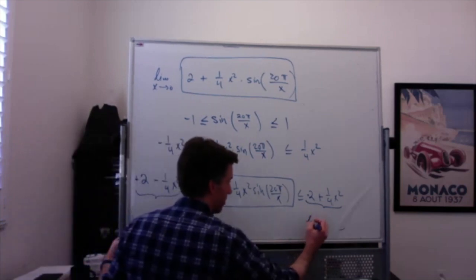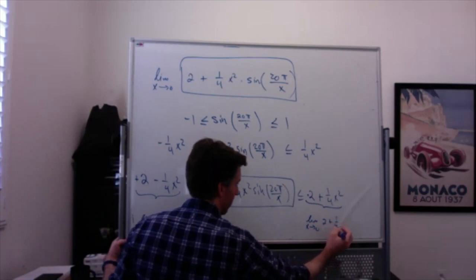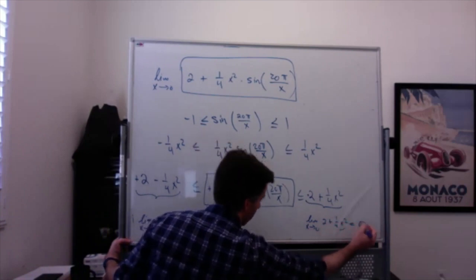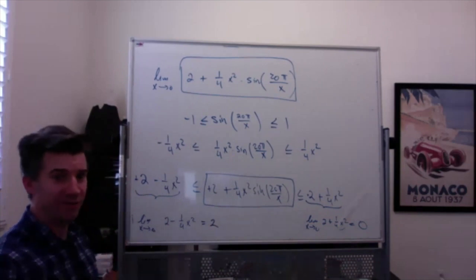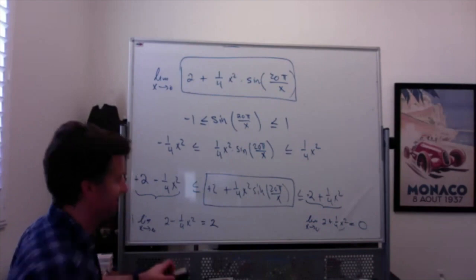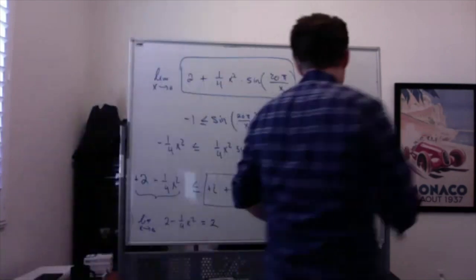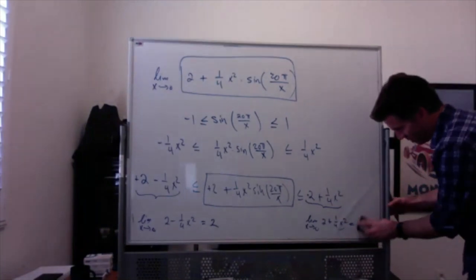And here, the limit as x approaches 0 of 2 plus 1/4 x squared is also 0. Sorry, not also 0, that would be wrong. What is it actually? Oh, someone already wrote the answer. Same answer as before. It's 2.